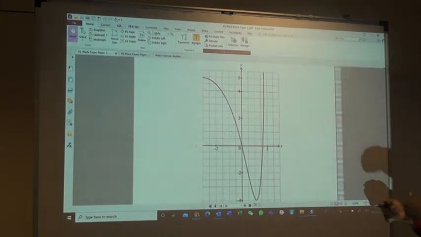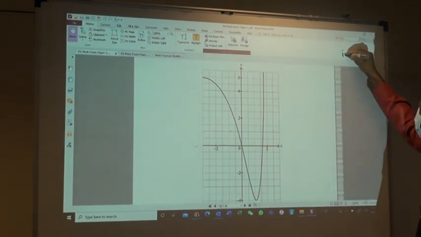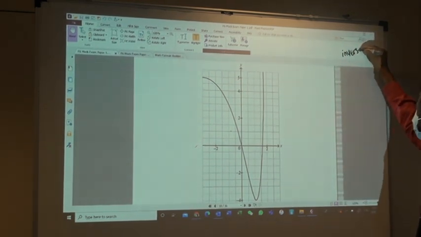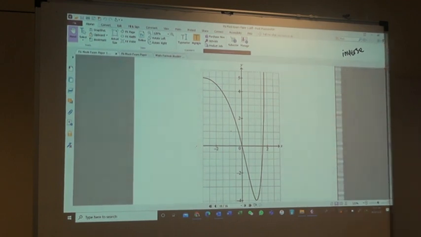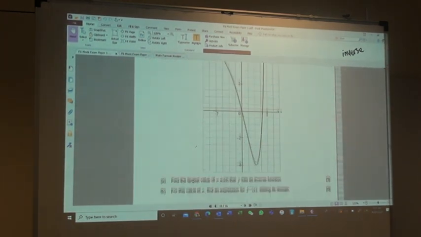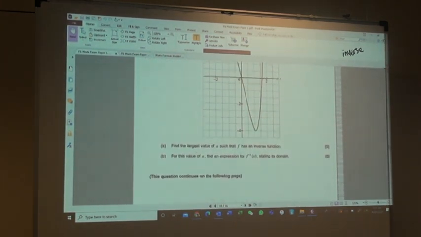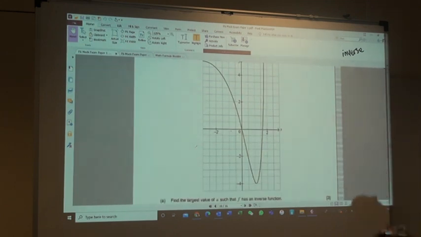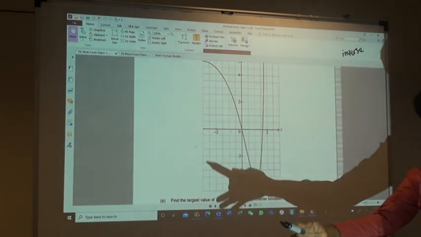Think about keywords in this question. Inverse. Greatest, largest value. But inverse function. It must have an inverse, and the inverse is definitely going to be a function.